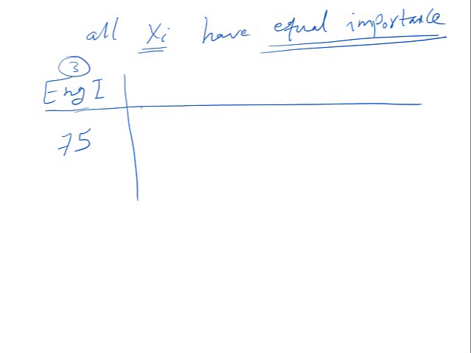And a score of 93 in a statistics course, and the statistics course also has 3 credit hours.